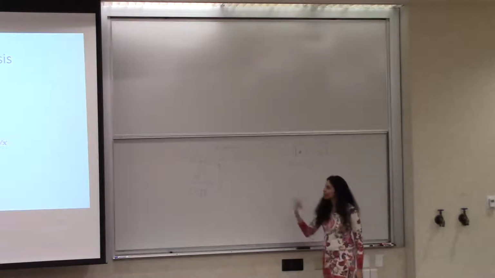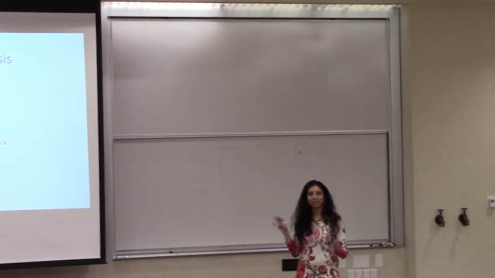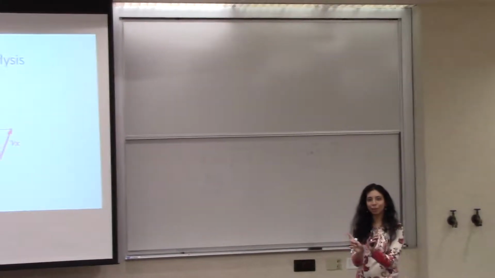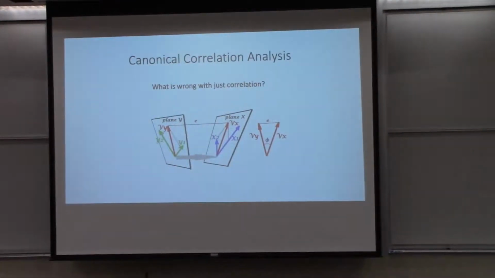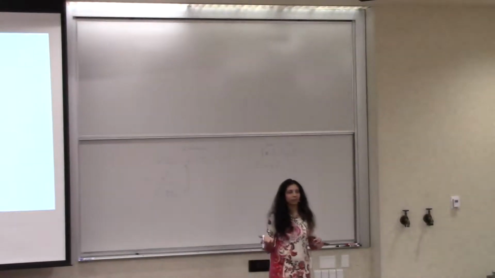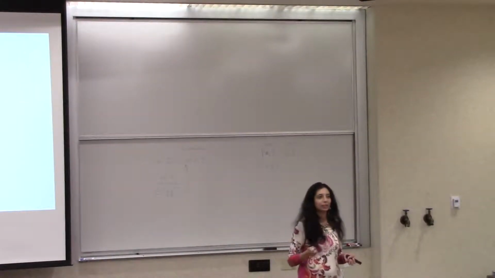What the canonical correlation tries to do is whiten both the data and then ask for the correlation among the whitened directions. So you whiten each data set and then measure the correlation. And that's called canonical correlation.